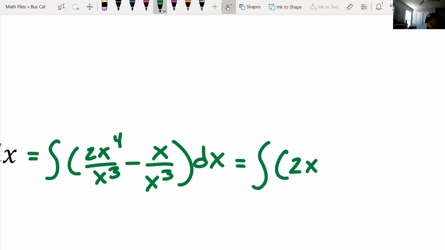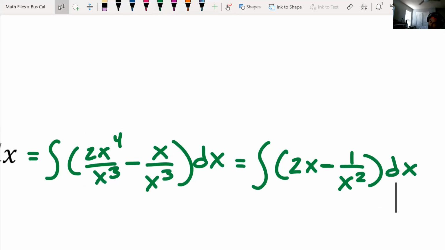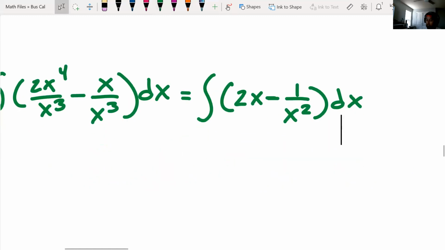And then negative x over x cubed becomes -1 over x squared. All right. And now let's split it into two integrals.